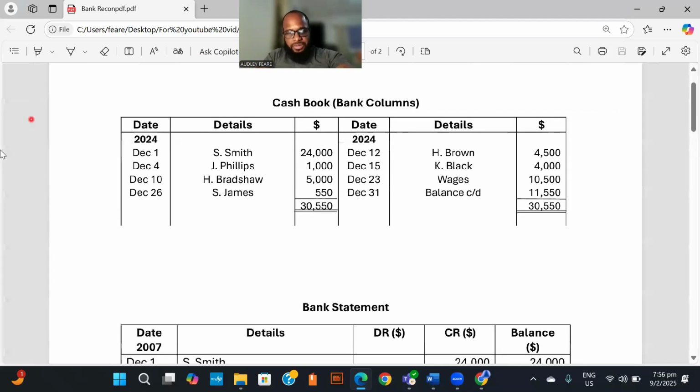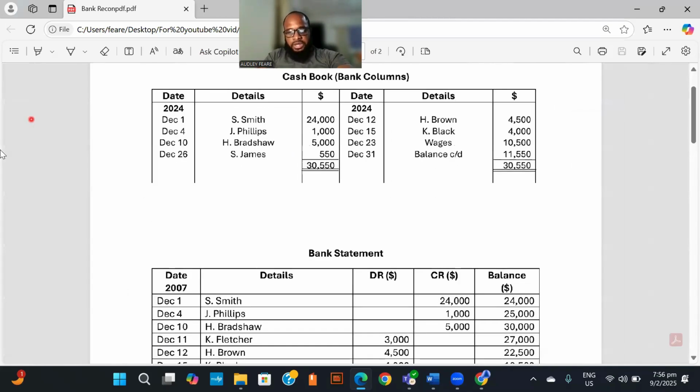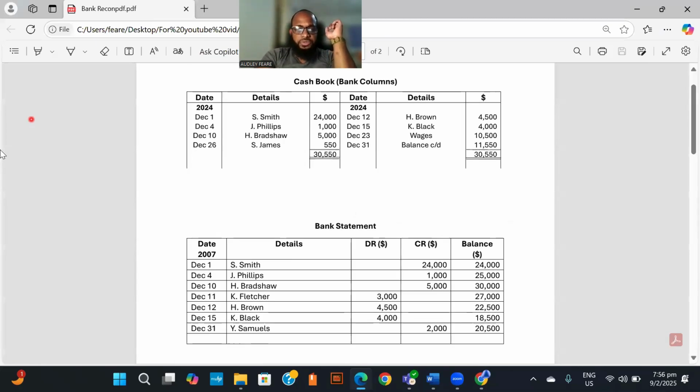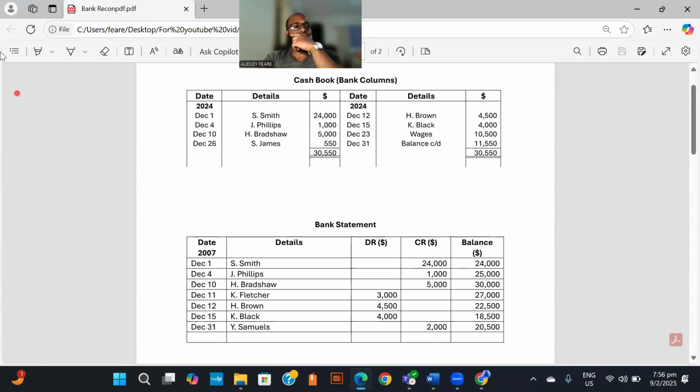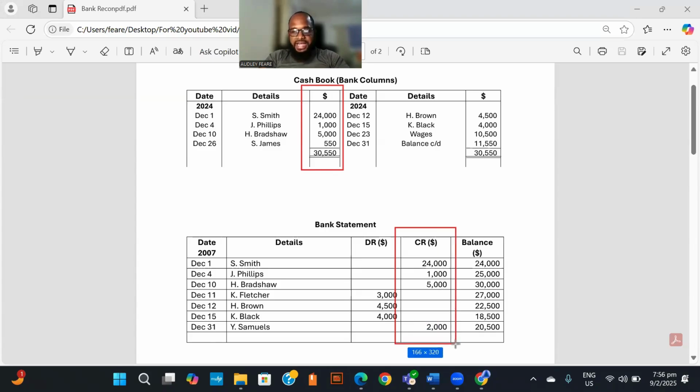So let us compare something now. All right. It is important to note something here. Whatever is on our receipt side of our cash book, which is the debit side of our cash book, will be on the credit side of our bank statement.